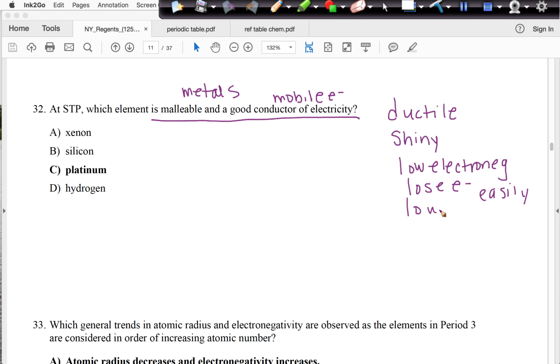They have low ionization energies also, which is another property that tells you that they lose electrons easily.